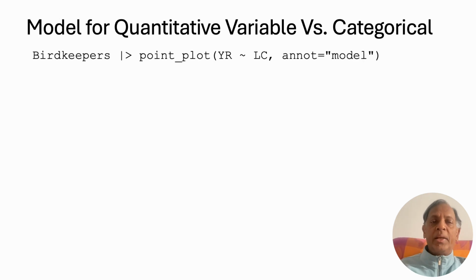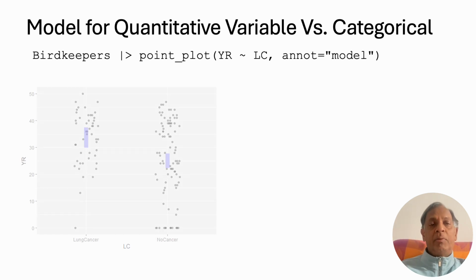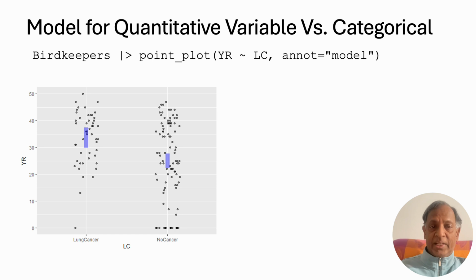Okay, so let's take a model for a quantitative variable versus a categorical variable. This time there is a data set called beekeepers. It's really a data set about lung cancer, and I'm plotting the variable YR, which is the number of years that people smoked, on the y-axis, with lung cancer on the x-axis. The x-axis is categorical and the y-axis is numeric.